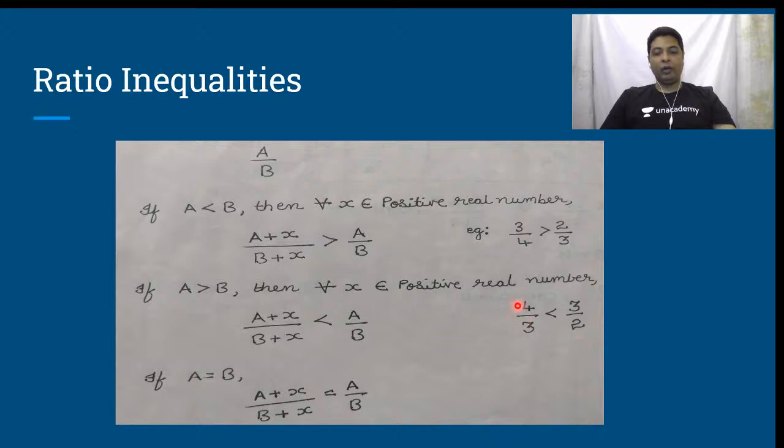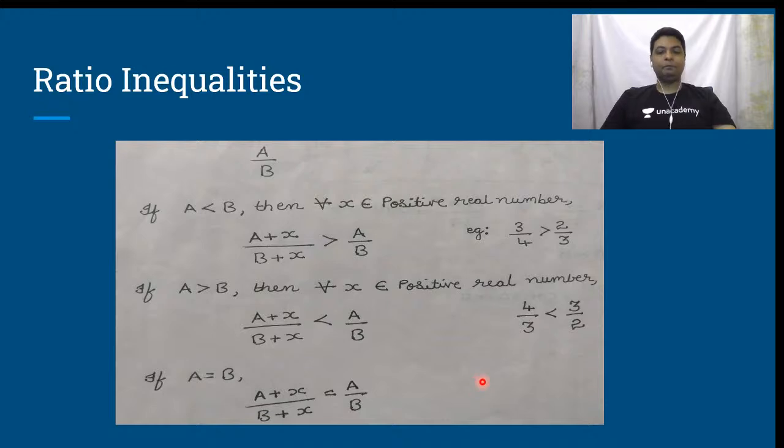So 1.33 is less than 1.5. 4 by 3 is less than 3 by 2. So we got 4 by 3 by adding 1 to both numerator and denominator, just as an example. If A is equal to B, then add any quantity to A and the same quantity to B, and we'll end up with the same fraction, which is A by B only.